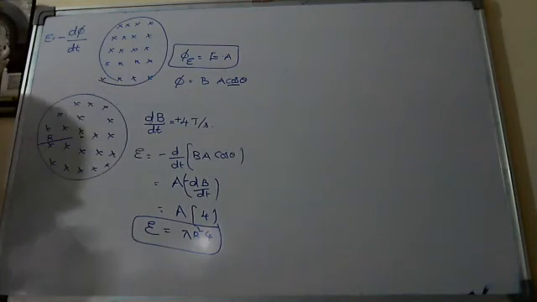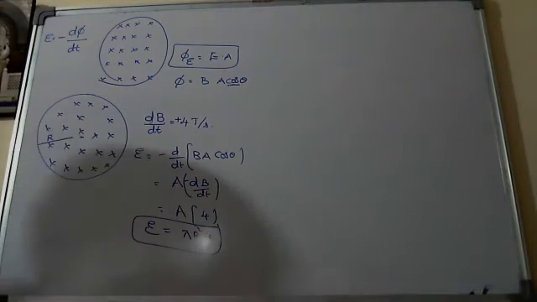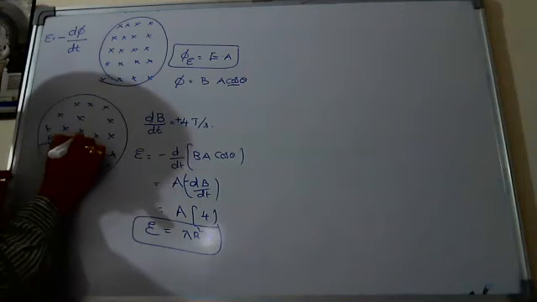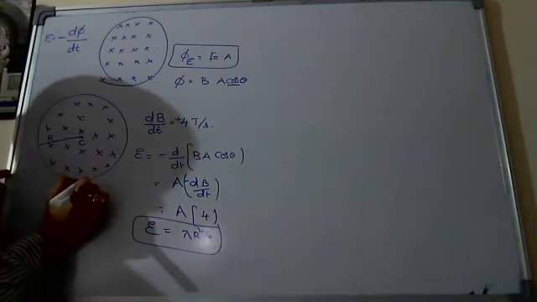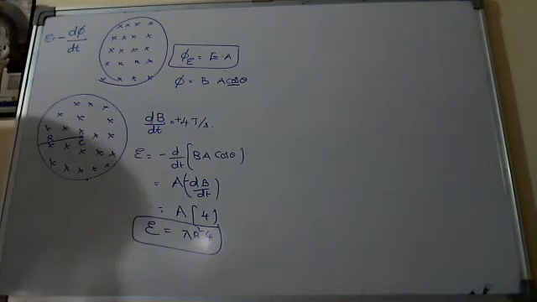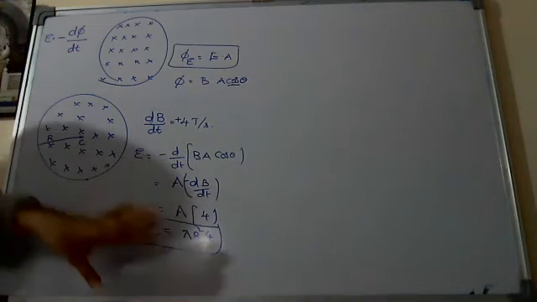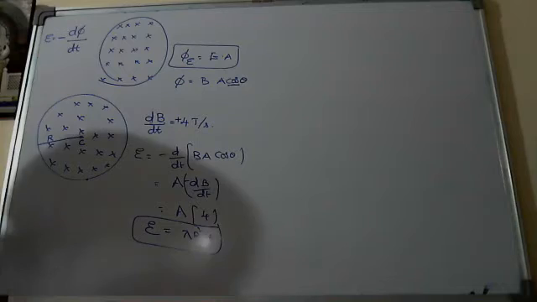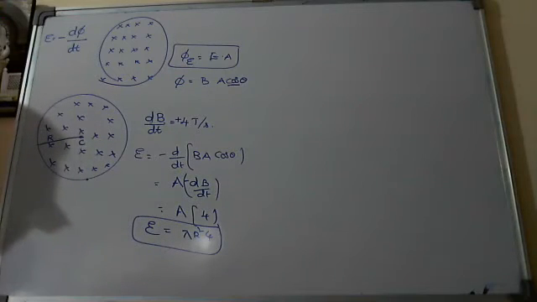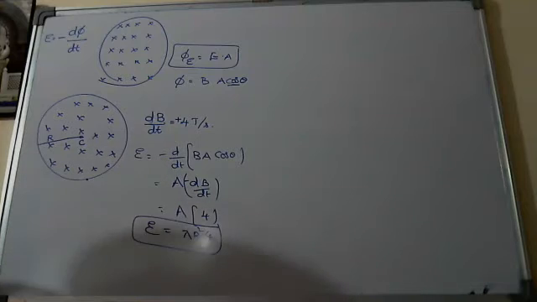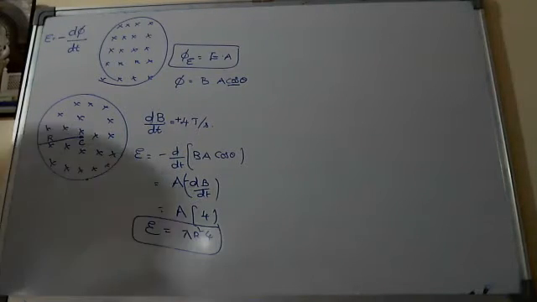Where is that EMF produced? Is it between the center and a point on the perimeter? If I want to connect a cell in the circuit, where do I connect that 4 pi r square volts cell? Is it from the center to a point on the perimeter? I think you don't know.